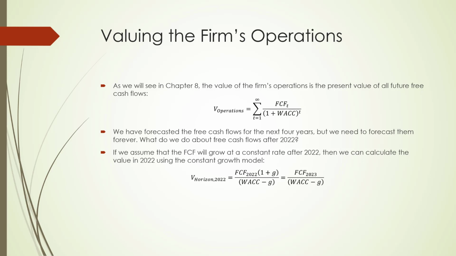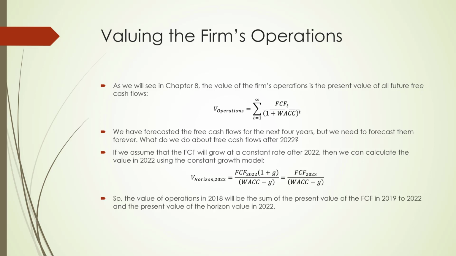That is, what is the value out there at some point in the future? And in this case, that point in the future would be 2022, which is the last period that we have forecast the free cash flows for. So we have the present value of the next 4 free cash flows plus the present value of that horizon value, and that will give us the value of operations in 2018.